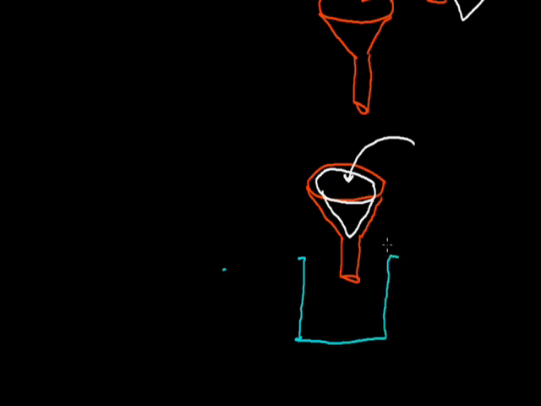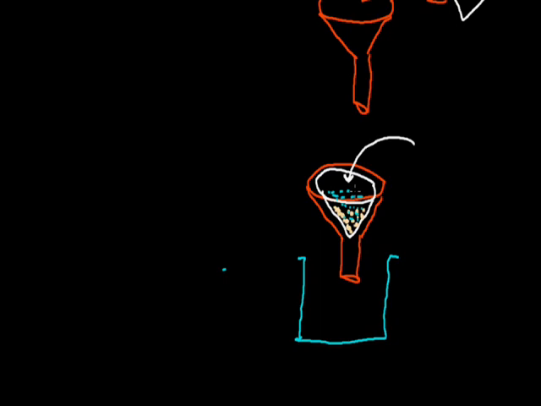Here is a container. Now we add the solution of salt and sand, and we observe that the particles of sand are very big, so they cannot pass through this filter paper and they will collect here. So the particles of sand collect in the filter paper, but the solution of salt has very small particles, so they will pass through the filter paper.